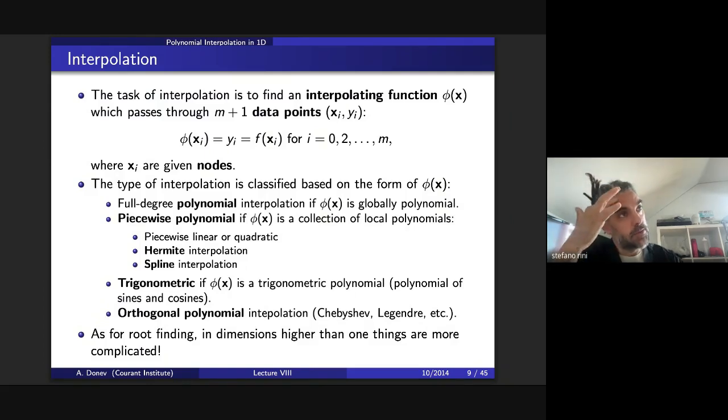If you have the product of two trigonometric functions, you remember those beautiful sum formulas, sine cosine plus cosine sine. Those formulas make it very easy to generate a set of orthogonal functions for trigonometric functions of a certain frequency.